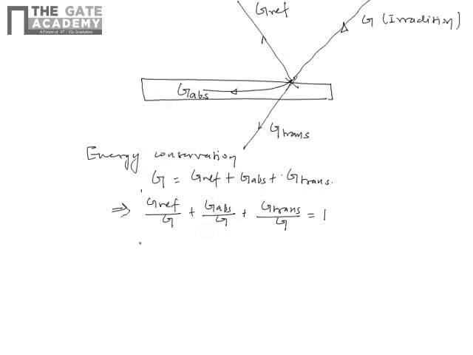Here G ref upon G is known as reflectivity rho, and it is defined as the amount of irradiation reflected by the surface.